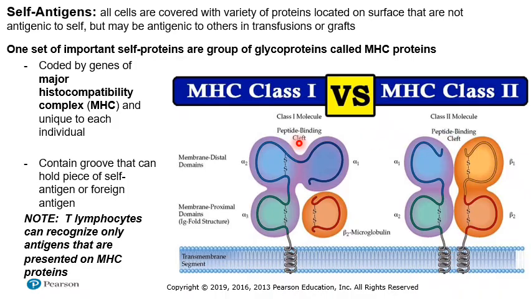Both of them will have a peptide binding cleft, and they're made up of globular proteins, and the T lymphocytes will only recognize antigens, meaning foreign antigens, that are presented to them by the major histocompatibility complex.